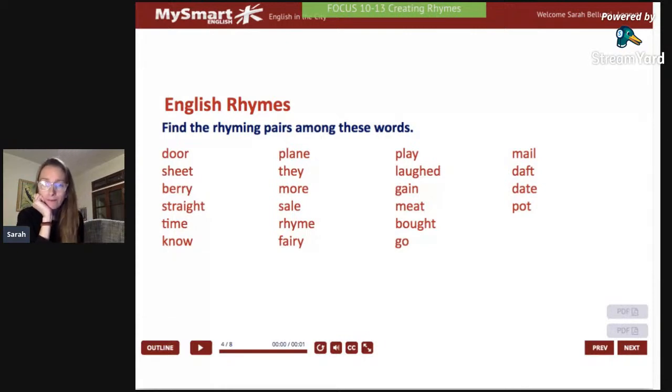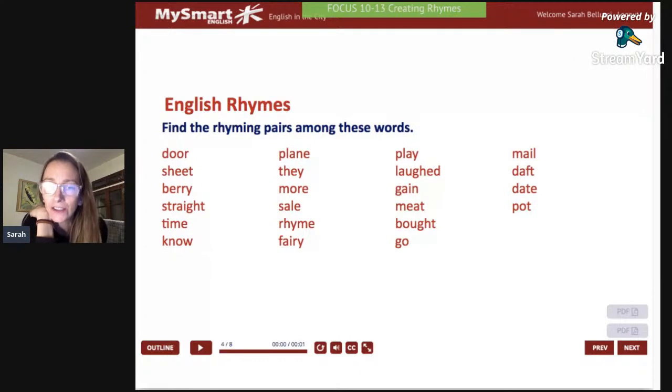Door, more, very good. That's it, first one. Plain, what rhymes with plain? Sheet, meat, very good. Time, rhyme, sheet, meat, good girls.